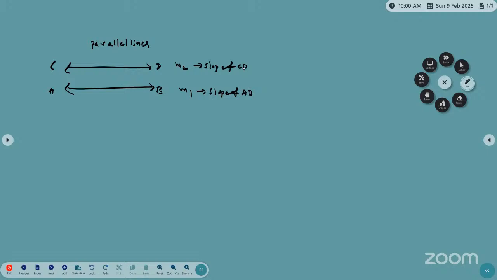Slope of CD. When two lines are parallel, then their slopes are equal. Their slopes are equal because they are in the same horizontal way. There is no change. When two lines are parallel, their slopes are equal.